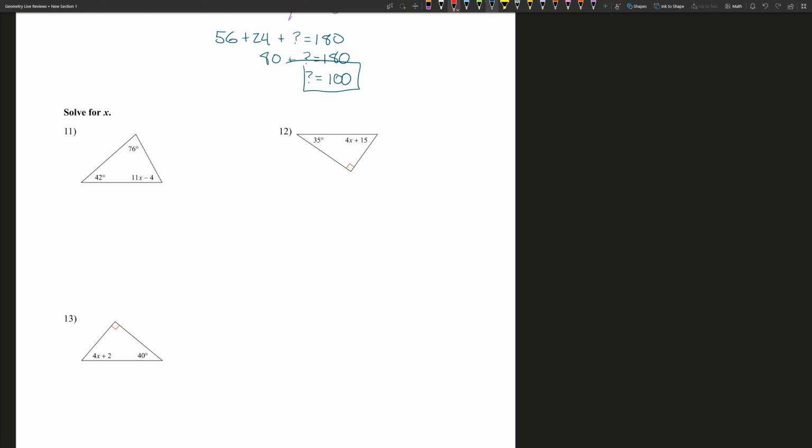So on number 10, if we add up each of these angles, 42 plus 76 plus 11x minus 4, that has to equal 180. So then we can combine a couple of like terms. So 42 plus 76, that's 118. 118 minus 4, that's 114.